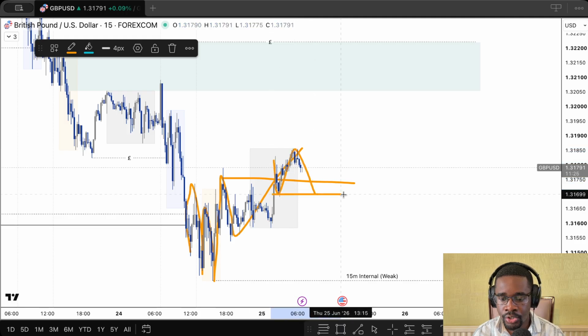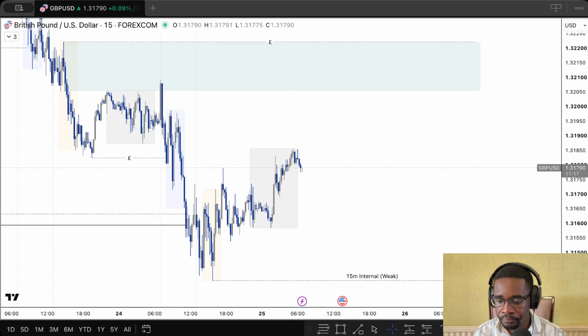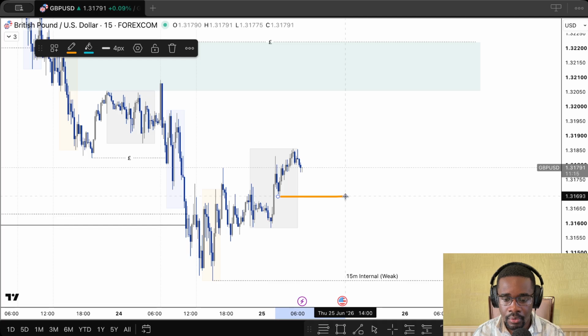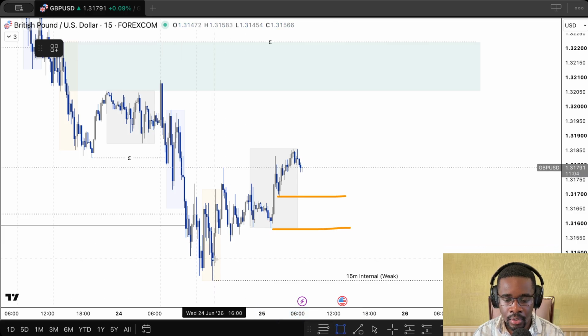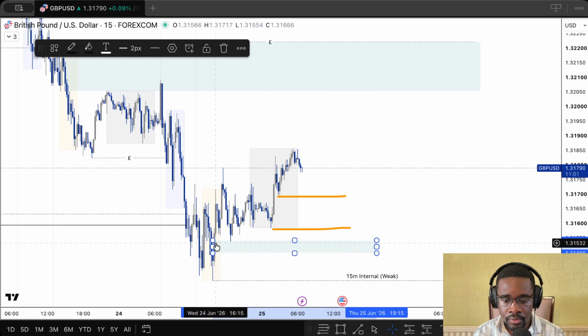Okay, so my expectation is that we may have a reaction from these areas. We may have a reaction from these areas. And then this would be a zone to consider.